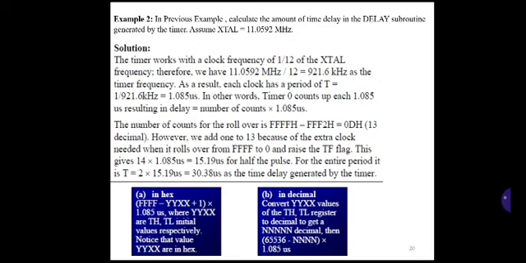Whenever it rolls over from FFFF to 0, it raises the TF flag. This gives 14 times 1.085 microseconds, which is equal to 15.19 microseconds for half the pulse. That is, you are going to generate a square wave when you use CPL P1.5.